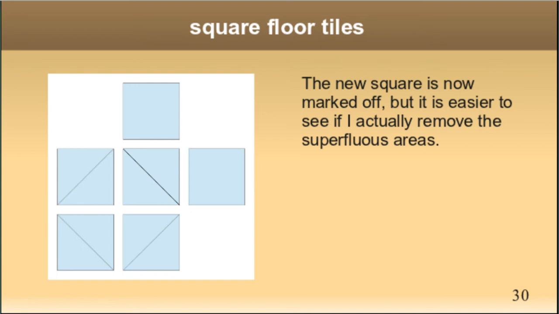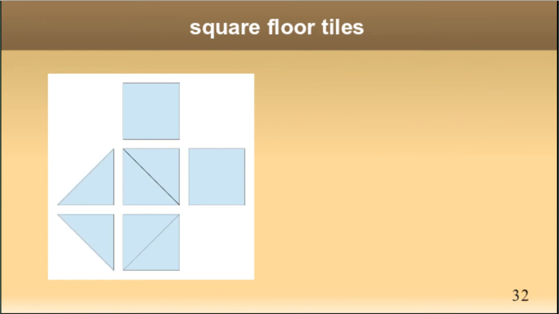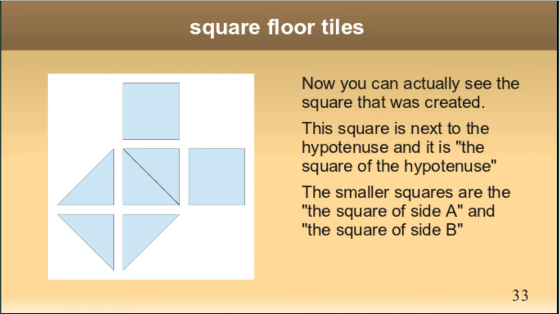Can you see the square now? Let me remove the superfluous areas. You can actually see the square that was created. This square is next to the hypotenuse. This is the hypotenuse.